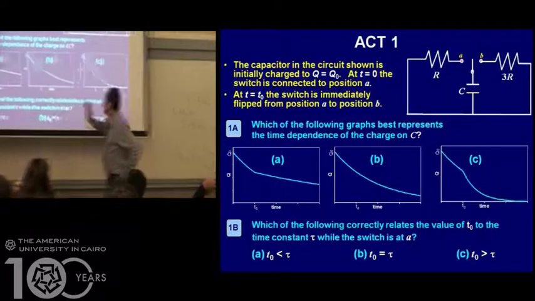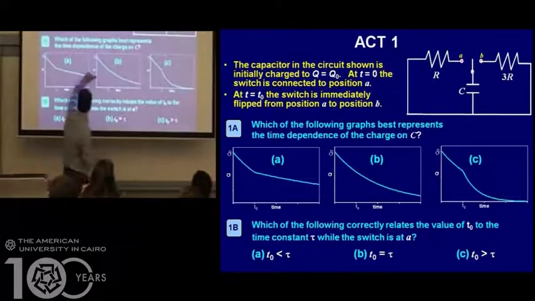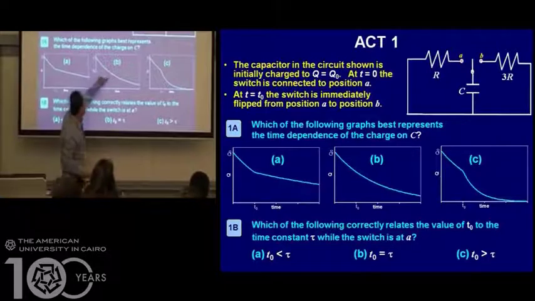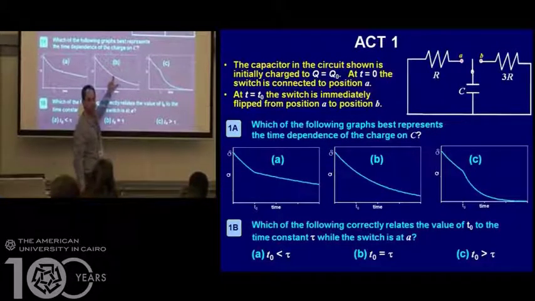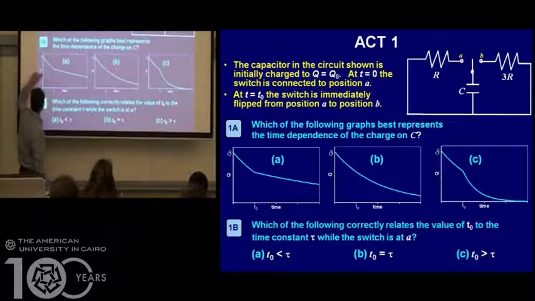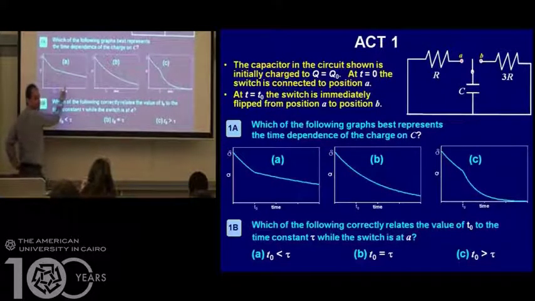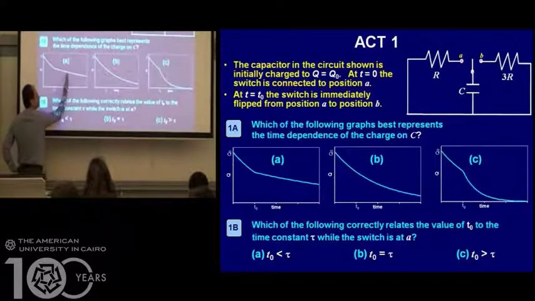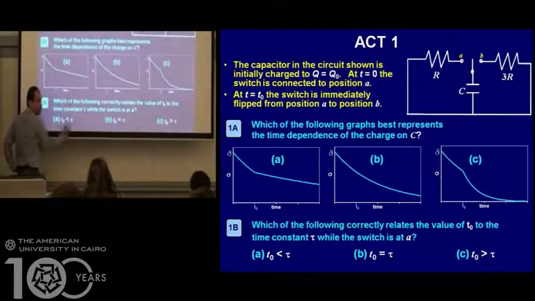So at 1 tau, the charge will be here. We said A, right? So if the curve is like this, tau is somewhere in here. Now can you relate t0 to tau? Tau is more than t0.